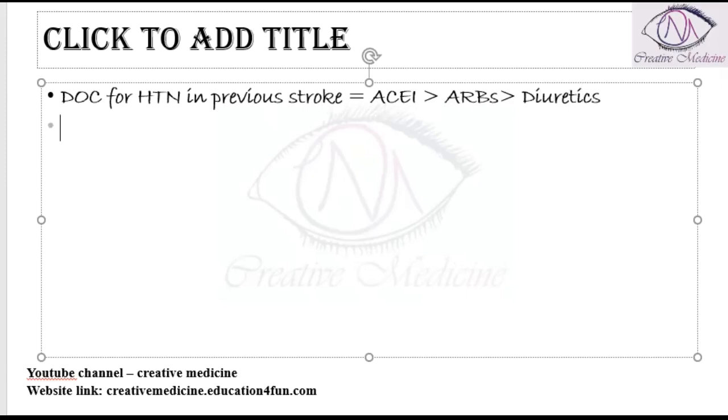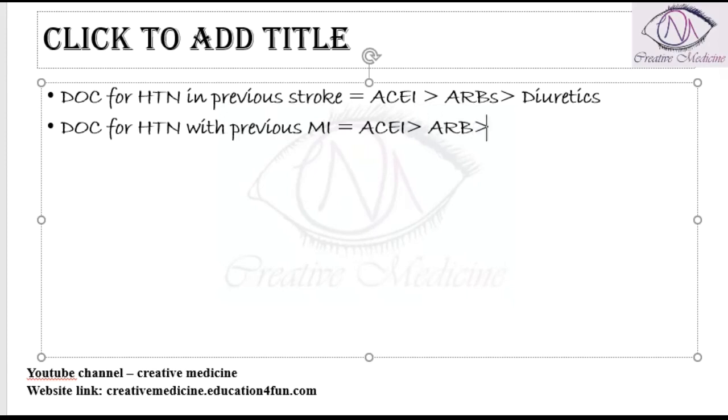The drug of choice for hypertension with previous myocardial infarction is angiotensin converting enzyme inhibitors, followed by angiotensin receptor blockers, followed by beta blockers.